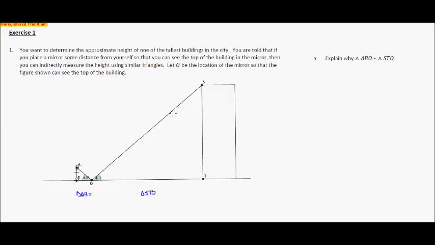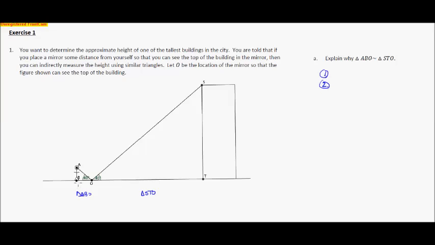The first thing I want to do is explain why we know that triangle ABO is similar to triangle STO. If you remember, how did we prove that two triangles were similar? We had to state two things that were true. We needed two corresponding angles to be congruent.